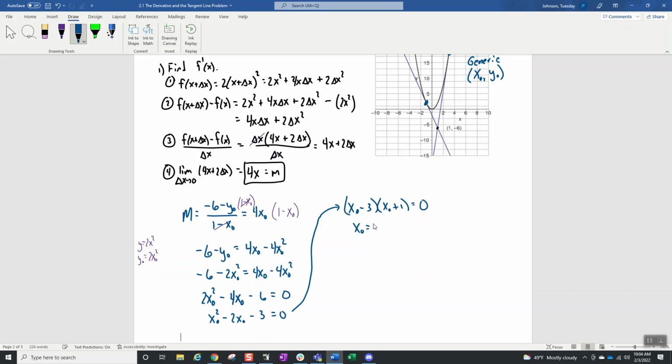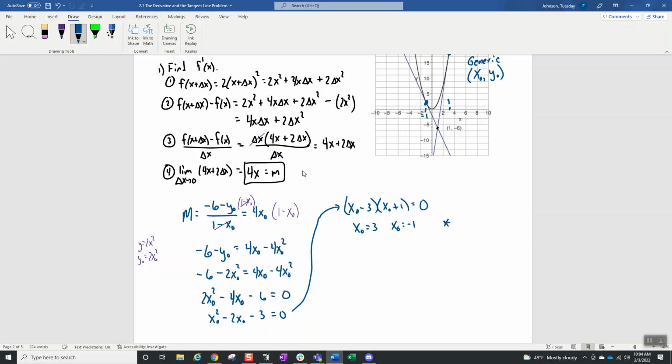So x sub 0 equals 3, and x sub 0 equals negative 1. That's negative 1, and this point is up here at 3. So we could be sure that it's actually at negative 1 and 3, and not something like 2.75. We can find the actual x values.